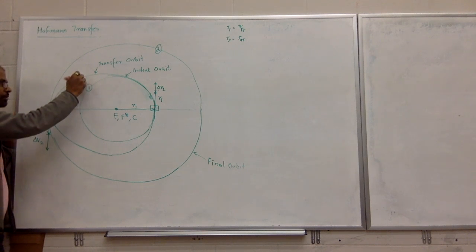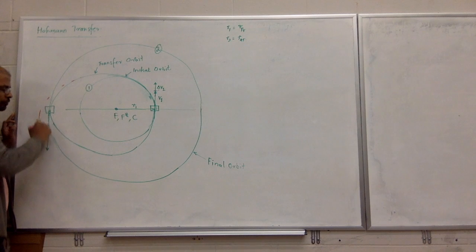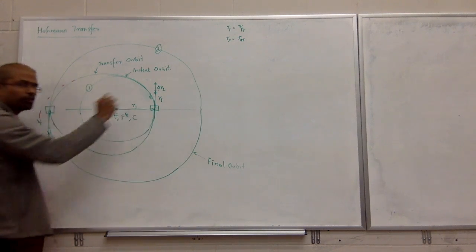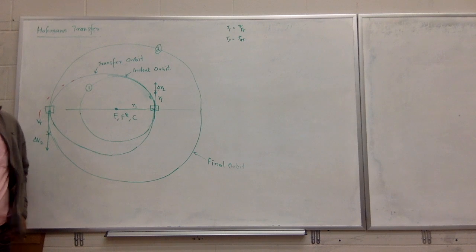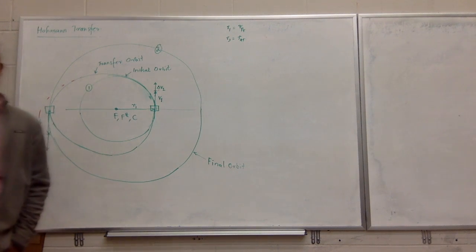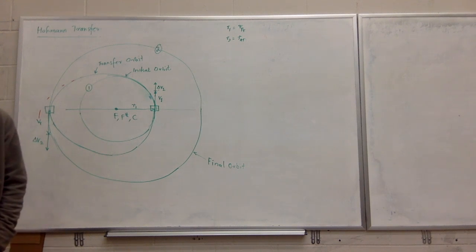Your orbit will become, depending on how you fire it, not the biggest orbit. The biggest orbit you are going to get is here. Does that make sense? And that is the reason. Does that start to answer your fuel efficiency question?